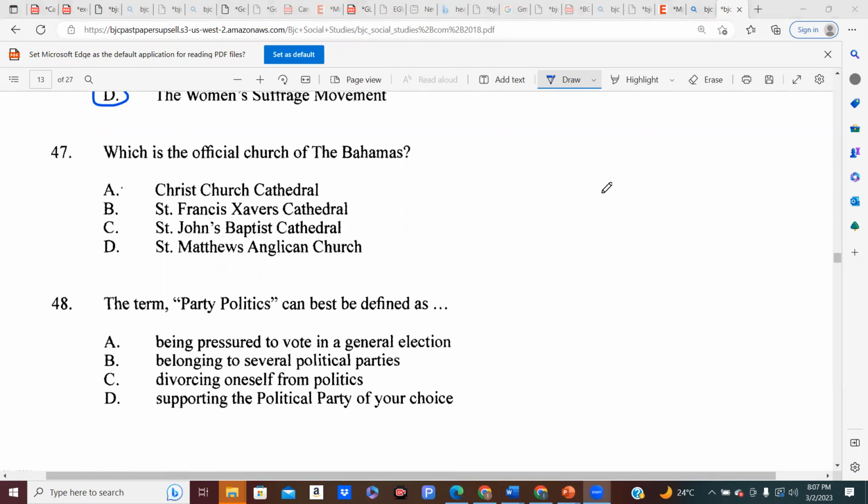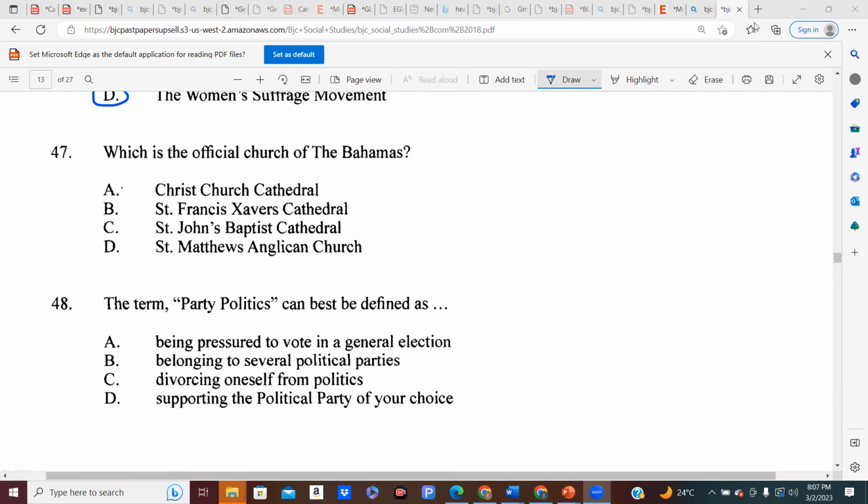It says, which is the official church of the Bahamas? A. Christ Church Cathedral, B. St. Francis Xavier Cathedral, C. St. John's Baptist Cathedral, D. St. Matthew's Anglican Church. Good. Please put your answer inside the chat, whatever you think it is.